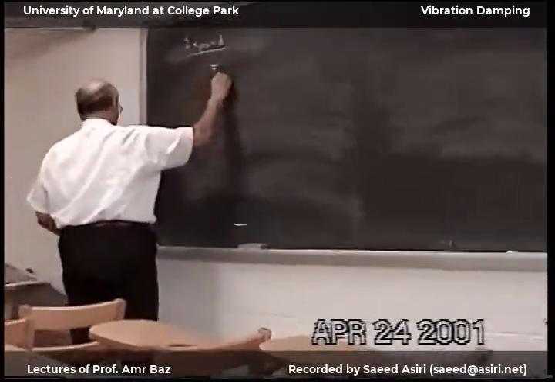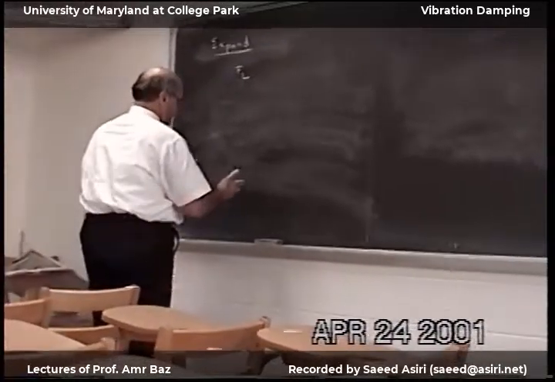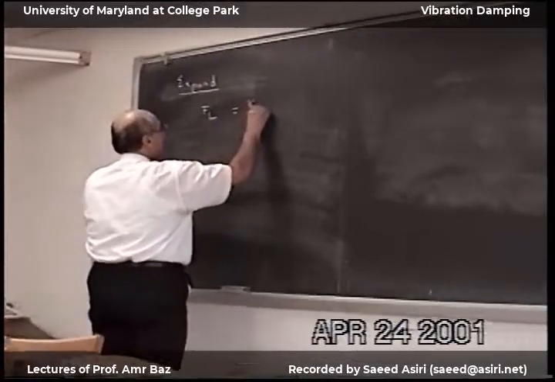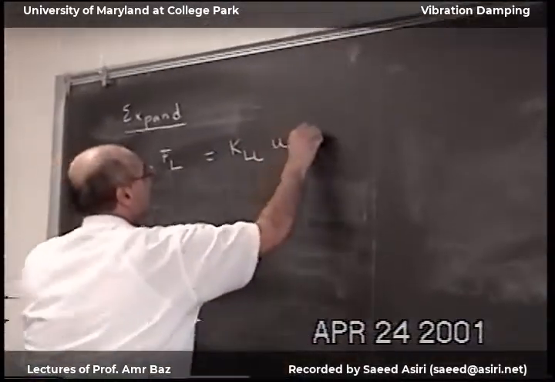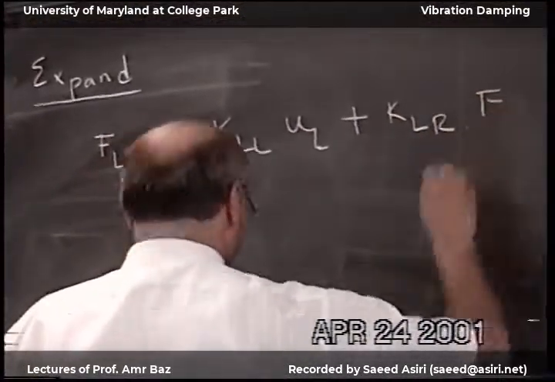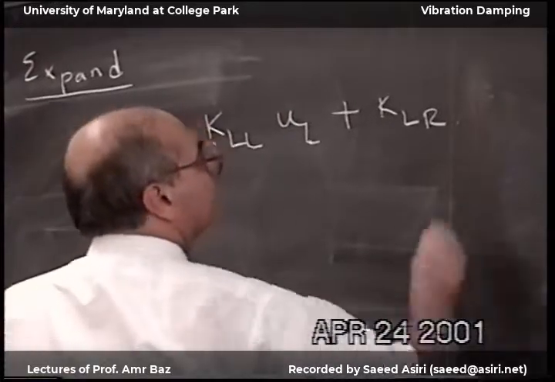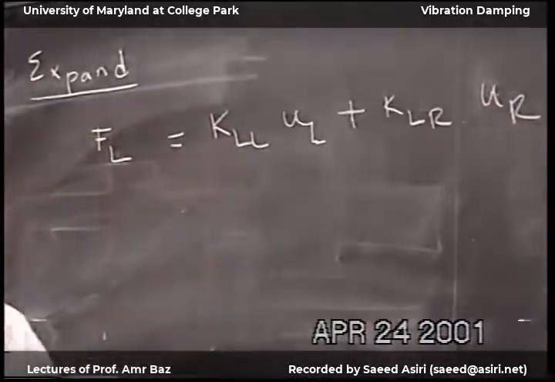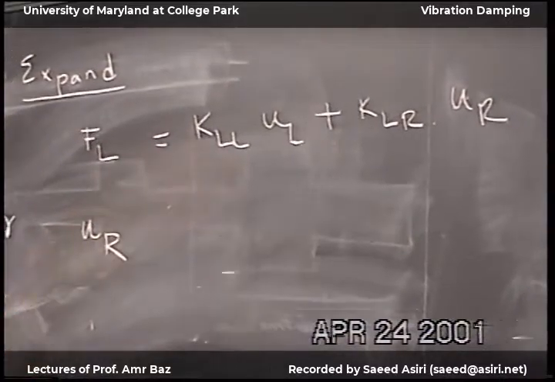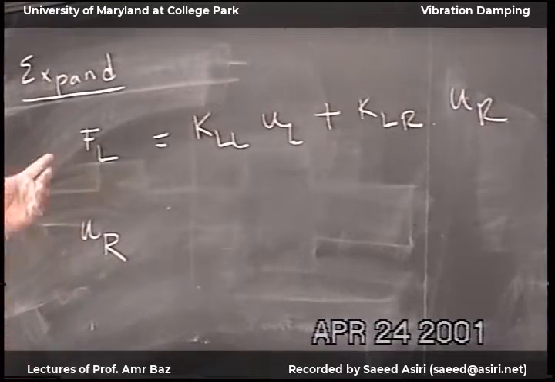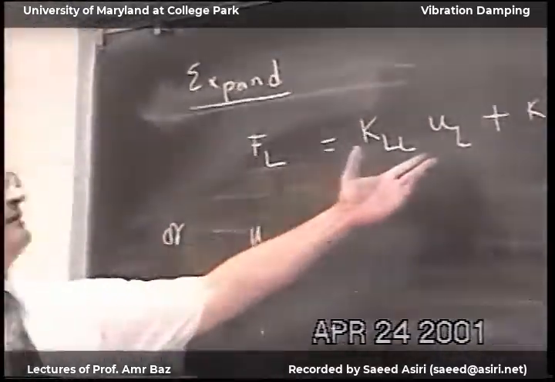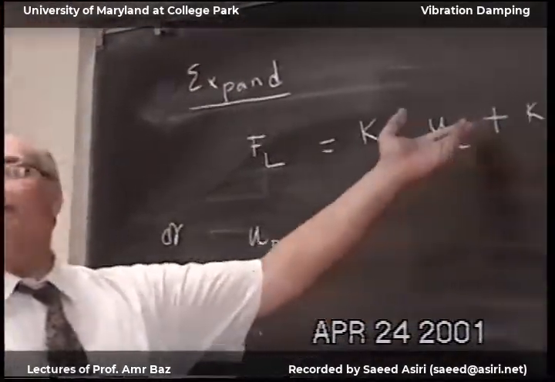I'll have FL, KLL UL, KLR and UR. Or UR, and I'll multiply by the inverse of KLR, or the reciprocal, because these are scalar, but if you have bigger matrices, then these can be matrices instead of scalar, and we can multiply by the inverse.